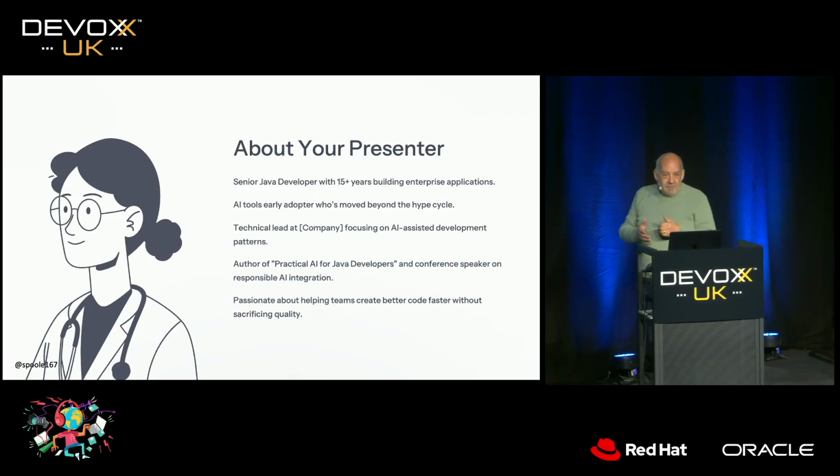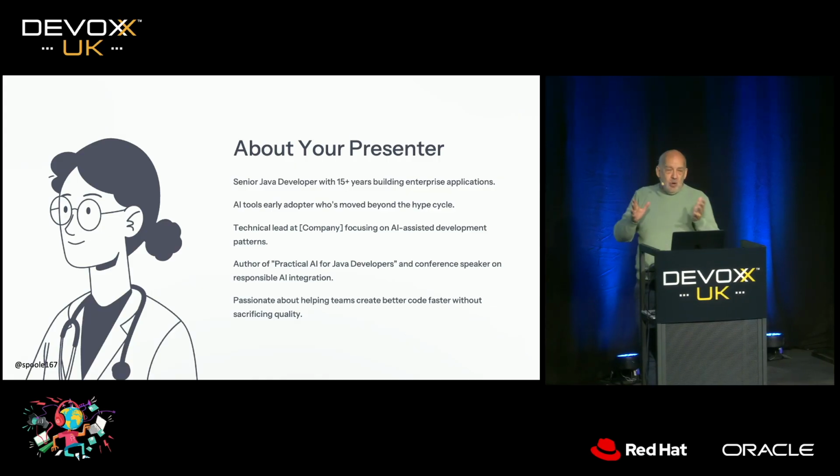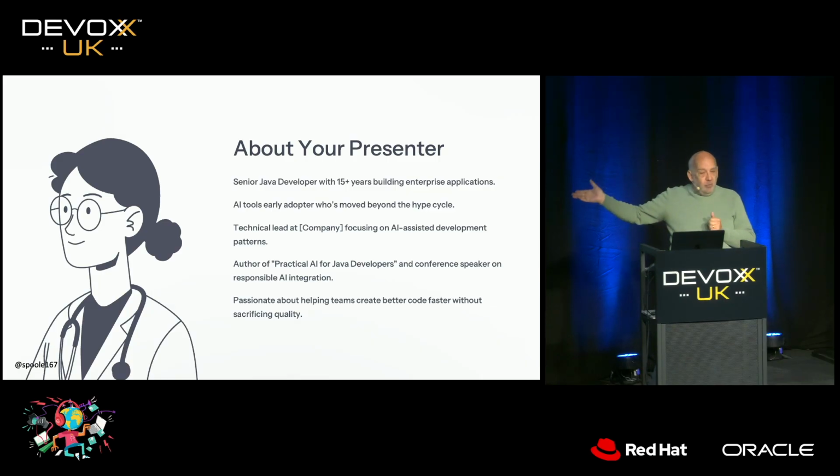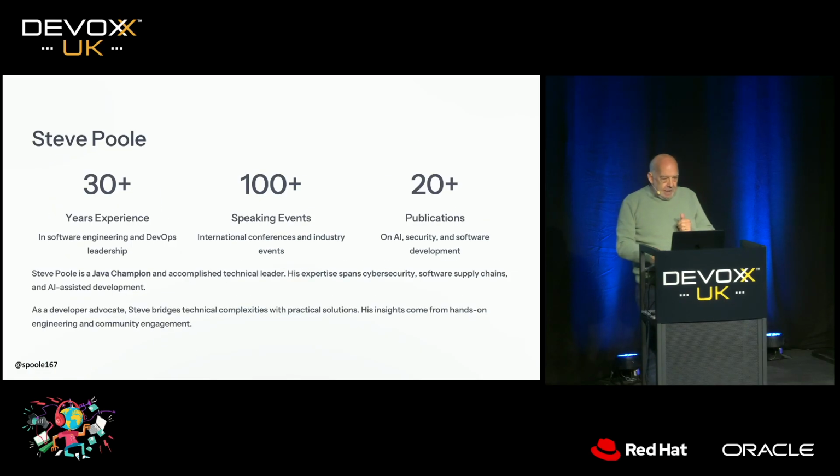Right. So this is what it said about me. Senior Java developer, technical leader at some company, author of Practical AI for Java Developers, which is all complete bunkum. Right? We all know this. We've all, I hope, all had to play with this stuff, and we know that if we're not careful, it just hallucinates really cool stuff. I gave it some details about me, and it went, oh, cool, I'll pick things up.